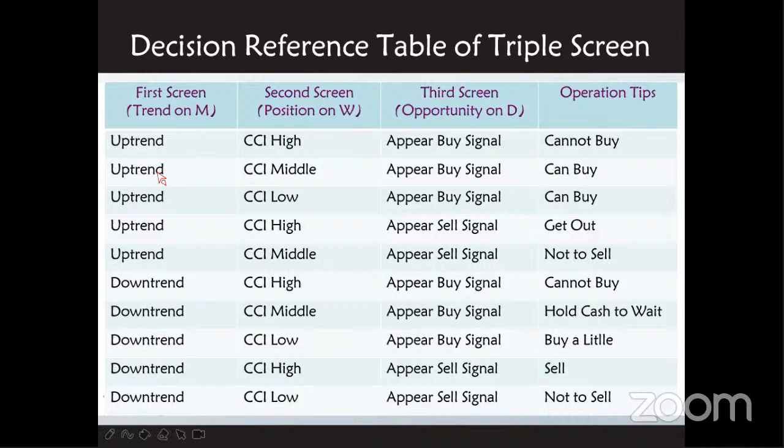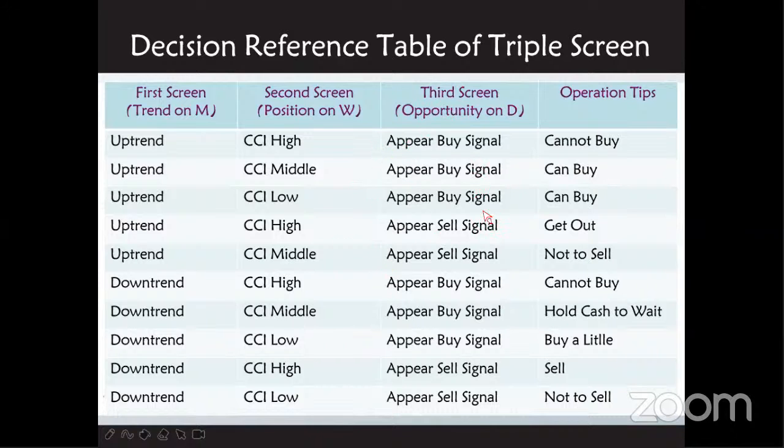And the second situation is when the monthly chart is an uptrend, and also on the weekly chart CCI is in the middle position, meaning not too high and also not too low, right? It is still okay. So if buy points appear on the daily chart, then we can buy.